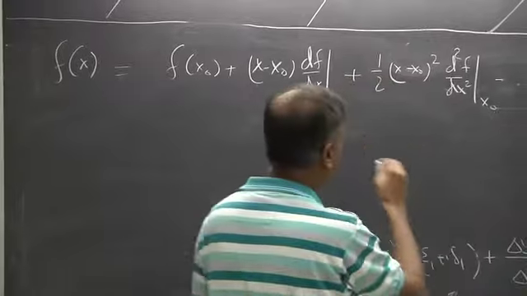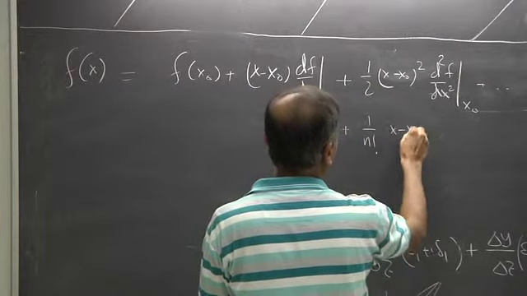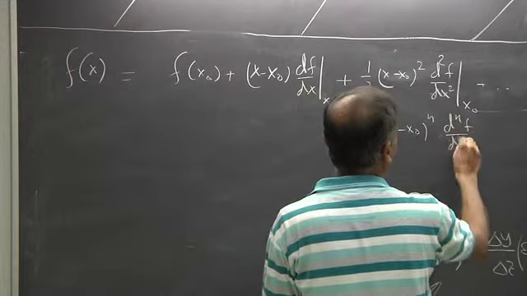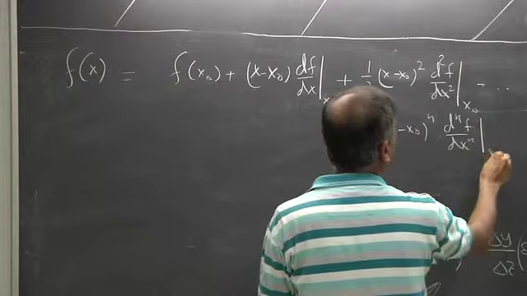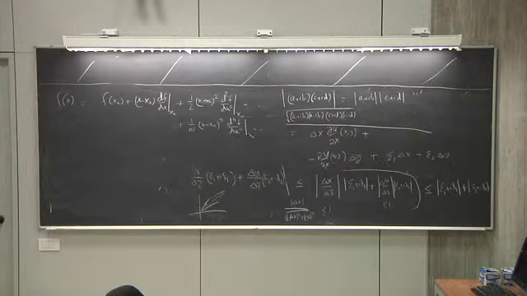Right? A general term would be 1 over factorial n, (x minus x naught) to the power of n, dnf by dxn at x naught. This is a Taylor series. You probably remember from before.